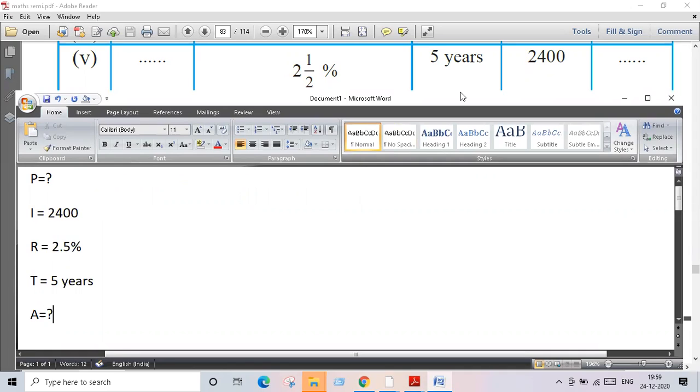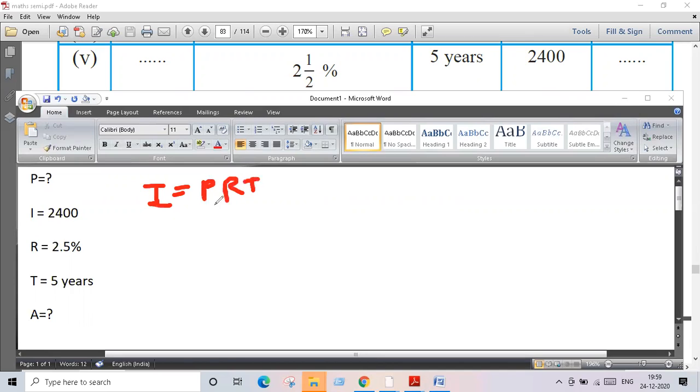So we'll use the formula I is equal to P into R into T upon 100. Here I is 2400.